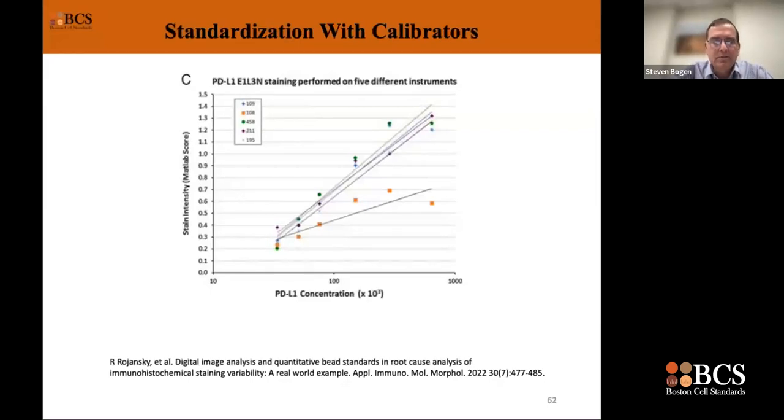The calibrators repeatedly demonstrated that instrument 108, with the orange square data points, was an outlier. The manufacturer's service personnel could find nothing wrong with the instrument, but the data were reproducible across multiple measurements on separate days. The instrument was then replaced and the problem was solved.